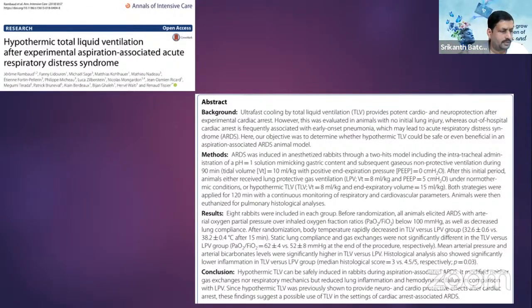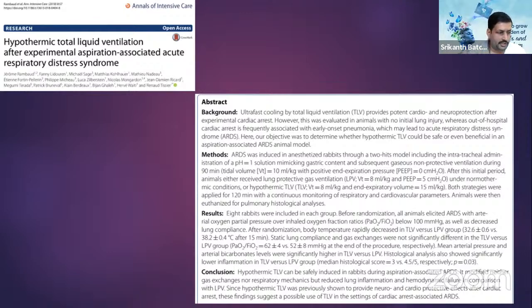So what about the various studies that have taken place over the years? Experimental animals, non-human primates, piglets, and other animals, all these have been done. What about the human studies? Most of the human trials were with partial liquid ventilation; total liquid ventilation has not been done in humans till now.